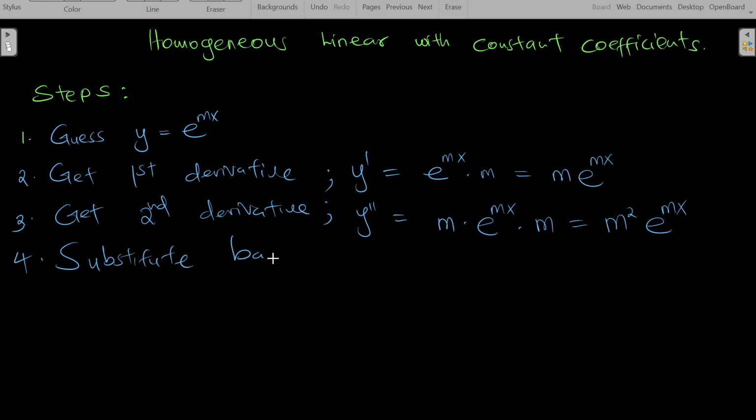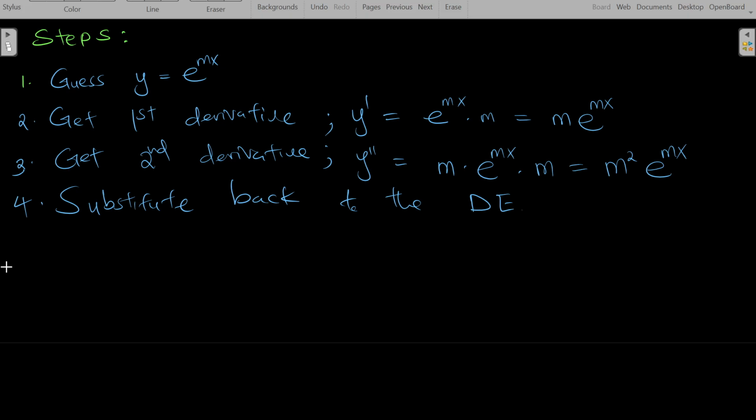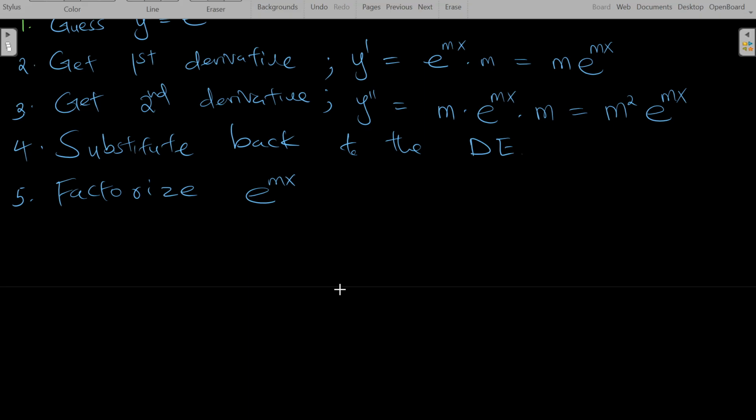Then after you have substituted, the fifth step is now factorize. That's what we had already missed. So factorize e to the mx. After factorizing e to the mx, you will get a quadratic auxiliary equation.